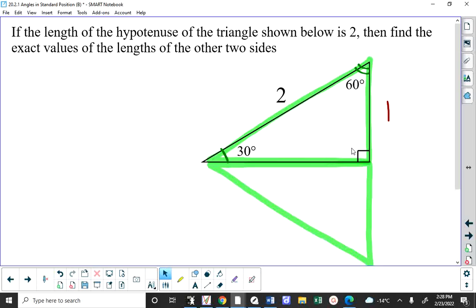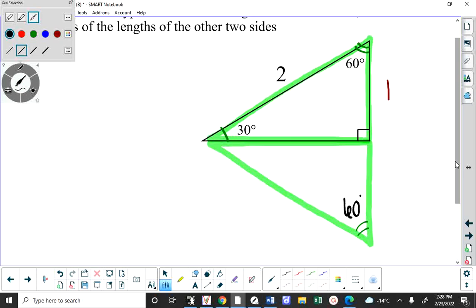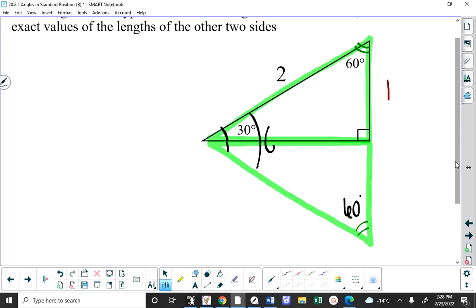All I've done is I've taken that triangle and I've reflected it. Now, if you focus on the big triangle I've created, if this was 60 degrees up here, then this is 60 degrees here. And if this was 30 degrees, this is 30 degrees, which makes this 60 degrees. So this whole triangle has 3 angles that are equal, which means that triangle is equilateral.